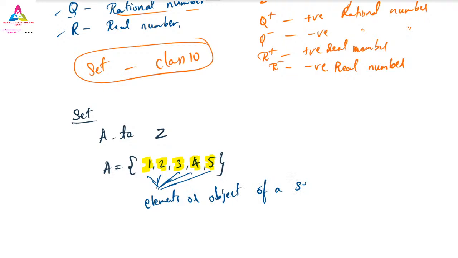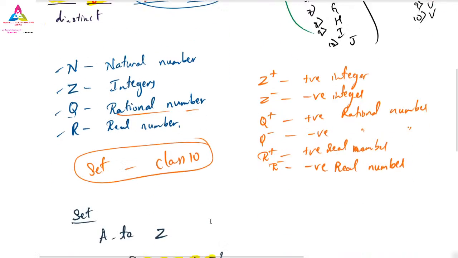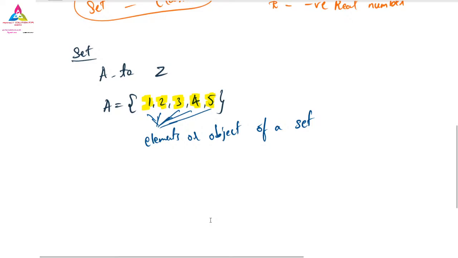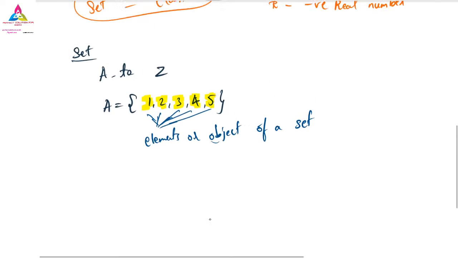In the definition I have also given that a set is a collection of objects or elements. Objects and elements are what come inside a set. Like this, A equals 1, 2, 3, 4, 5. Here 1, 2, 3, 4, 5 are the objects, or sometimes we call them elements of the set. Remember this, it is most important.